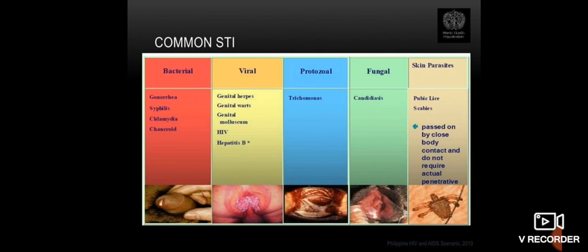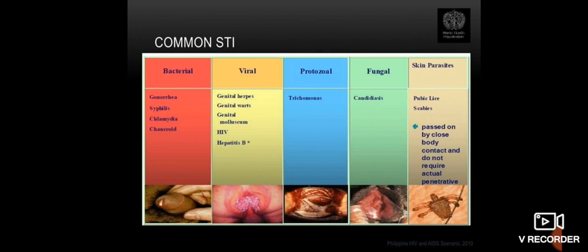Second thing, the organisms which are very prominent in HIV are bacterial, viral, protozoal, fungal, and skin parasites. You can see that on this screen.